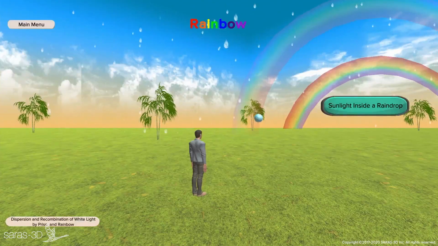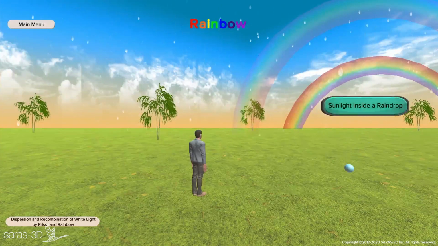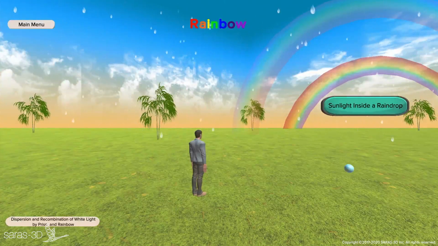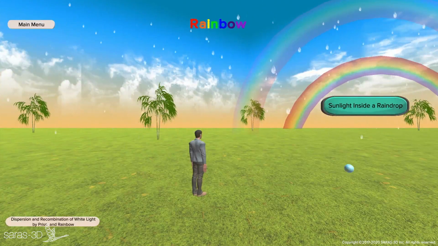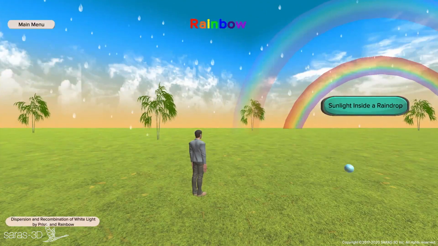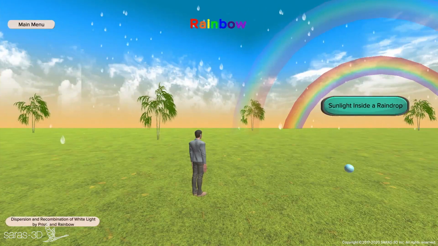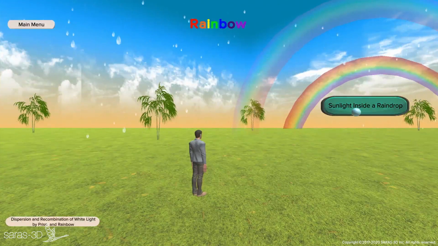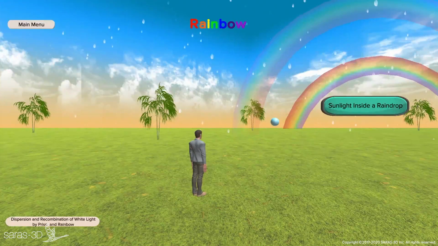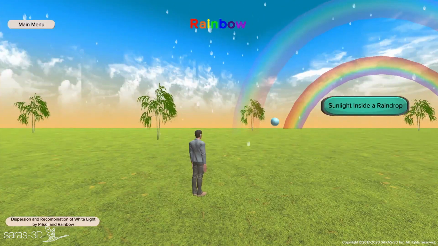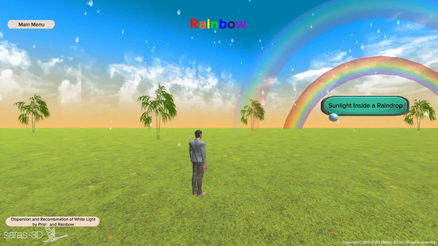To understand the formation of a rainbow, it is first important to learn the refraction of light through tiny water droplets, because a rainbow is formed by dispersion of white light by tiny water droplets which act like small prisms. So we will not go into detail of the formation of a rainbow, but we will see what happens to the path of light inside a raindrop.